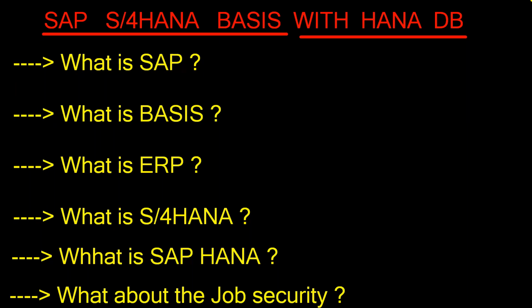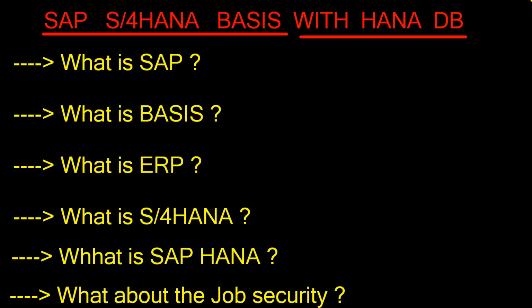It means companies are not using those technologies. But SAP, we have been using SAP technology for a long time. So what is the main advantage in SAP? And what is SAP basis? In SAP we have a number of modules, 200 modules.